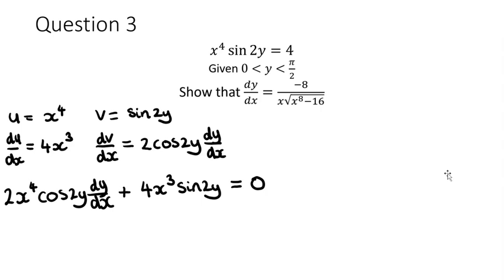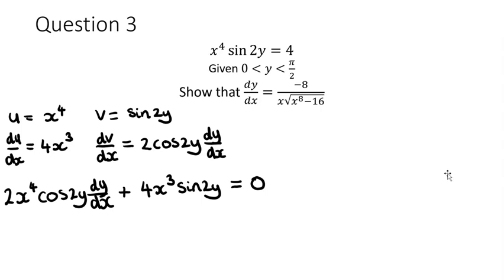Now we want to get dy by dx, so what I'm going to do is take away 4x cubed sine 2y from both sides, and then I'm going to divide both sides by 2x to the power of 4 cos 2y.